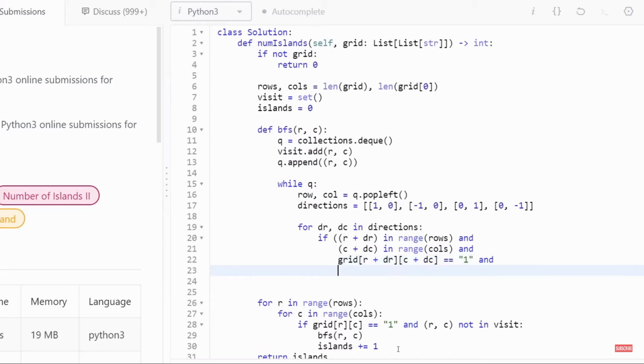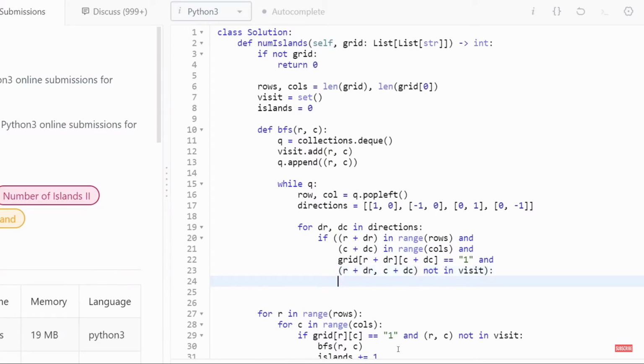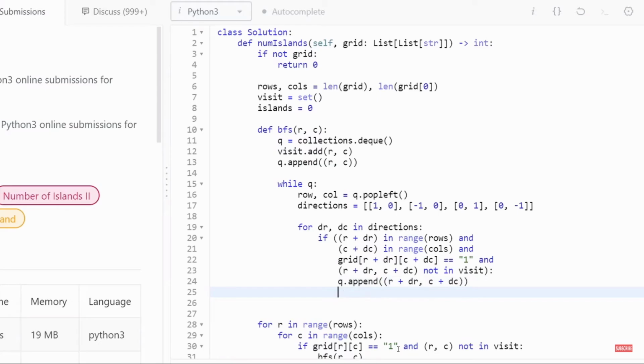And lastly, that this position hasn't already been visited. So if this is true, then we can add that to our queue because that means we have to run breadth first search on this cell as well. We also have to mark it visited so we don't visit it twice.